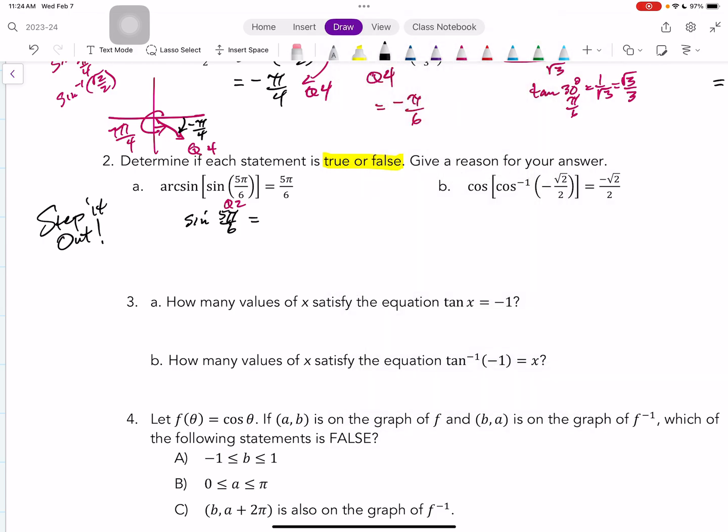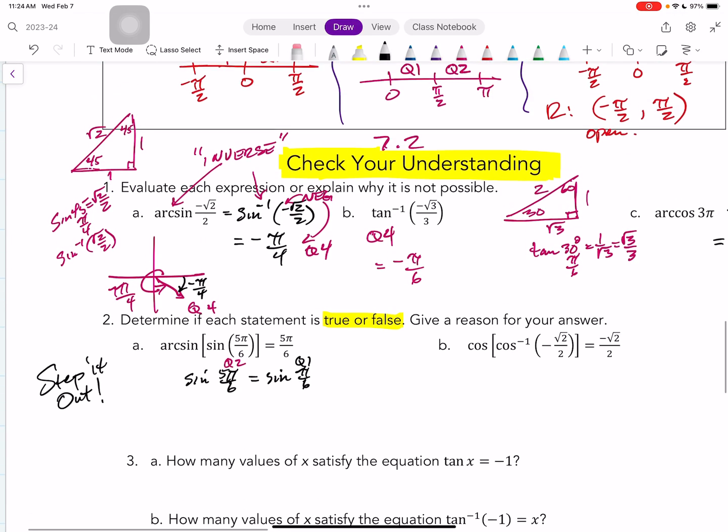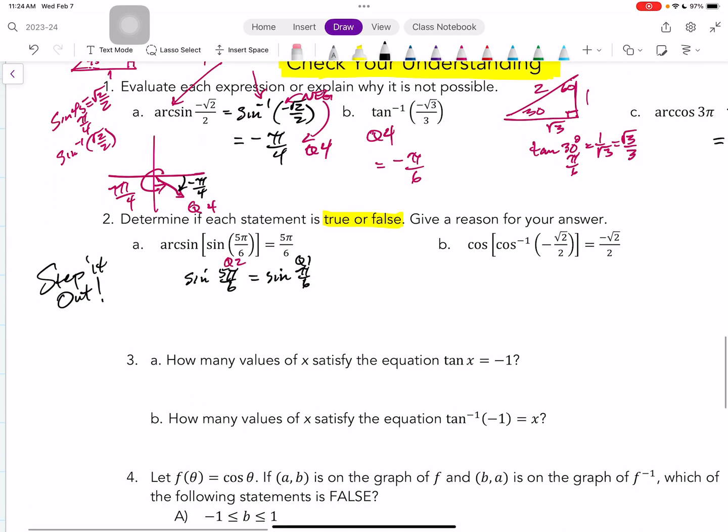If I want to evaluate this, I need its reference angle. So this is equivalent to sine of pi over 6. That is your quadrant 1 reference angle. It's positive, so I don't have to modify the sign. Then you look at your 30, 60, 90 triangle and ask yourself, what's the sine of that? The sine of 30 degrees is 1/2, or the sine of pi over 6 is equal to 1/2.